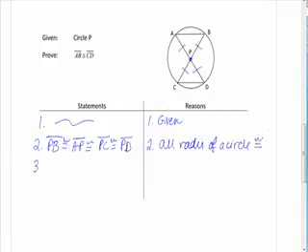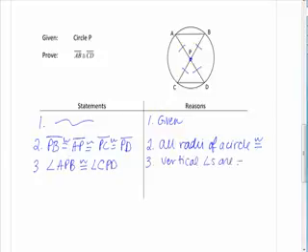Yes, Nicole? For step 3, can we say angle APB is congruent to angle CPD because vertical angles are congruent? We certainly should say that. Angle APB congruent to CPD. Vertical angles are congruent. Mark that on our diagram.